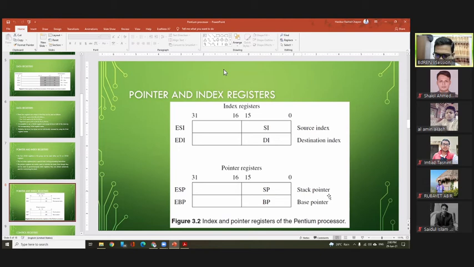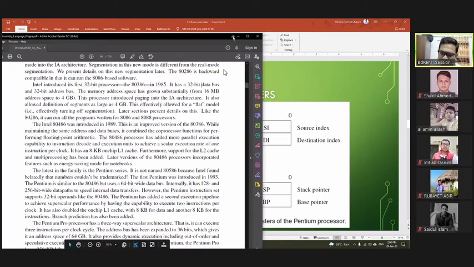So SP means stack pointer, BP means base pointer for the stack operation. If you need more address space, then we need to use 32-bit, which are ESP and EBP. Just remember, the pointer register is used for stack operations. The index register is used for string operations. Please check the book. They have written it in a nice way. We don't have time.